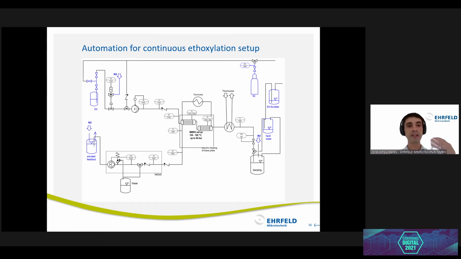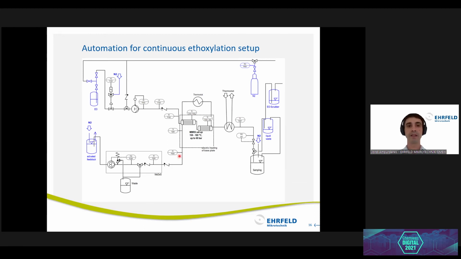Since with ethoxylation it is very crucial to take much care about EO, because EO is very hazardous, the safety concept has to be integrated at client side. And just to show you how we approach this, in the next slide.